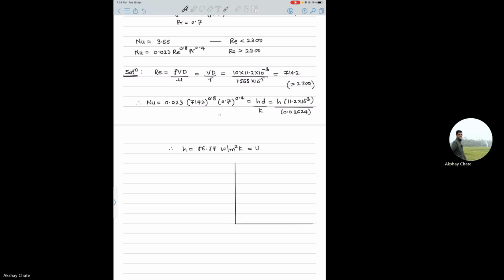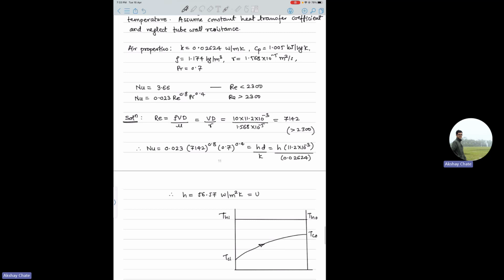So there is a hot fluid which is your steam, which is condensing, so its temperature remains same. So that is one part, because phase change is typically assumed as a constant temperature process. And then you'll have a cold fluid which is getting heated. So this will be your THI. Actually it doesn't matter, but for the sake of things, we mention it as it is.